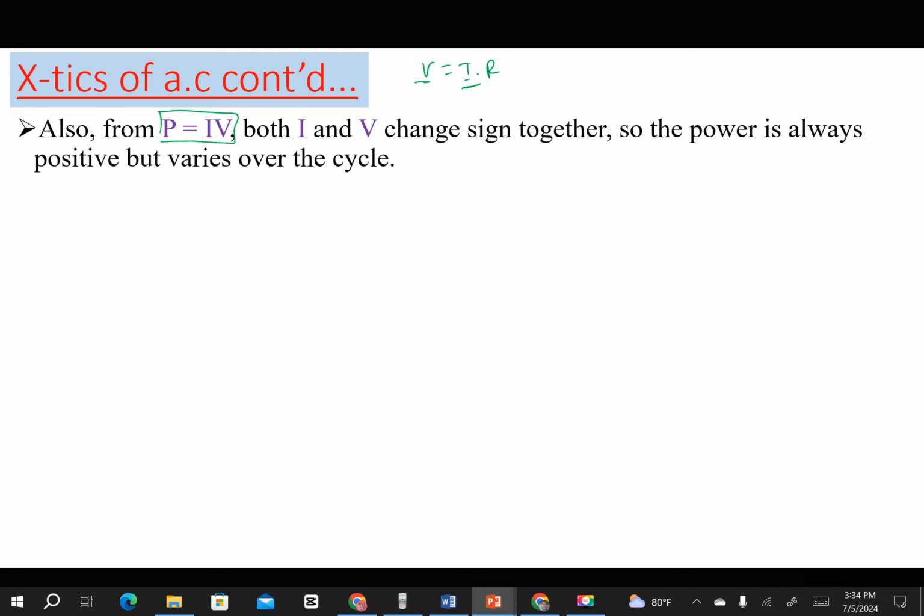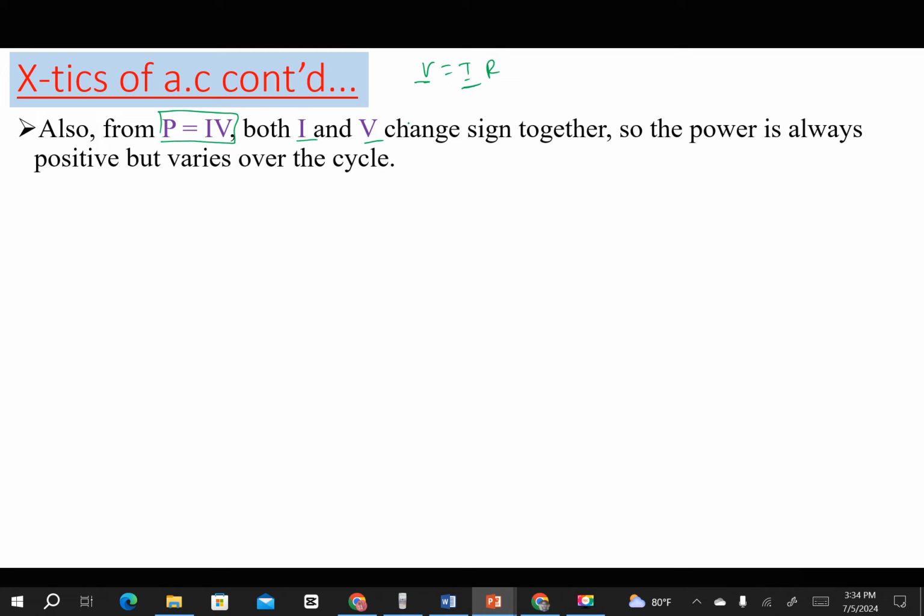They are always in phase, if I use that term from waves. So V and I change sign together. If V is positive, I is positive, and the product is positive. If V is negative, I is negative, and the product is still positive. So this means the power will always be positive.